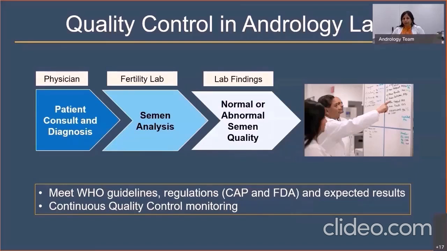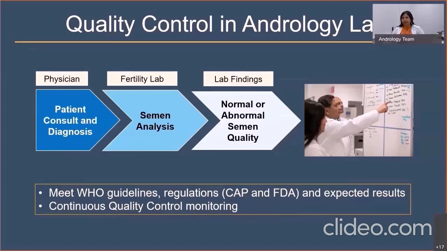It could be primary infertility, it could be secondary infertility, or whatever were the findings or the history, depending on that. And then the physician orders the test. So the physician could order a semen analysis or some ancillary tests based upon the reproductive history and the examination, like a retrograde sperm count.